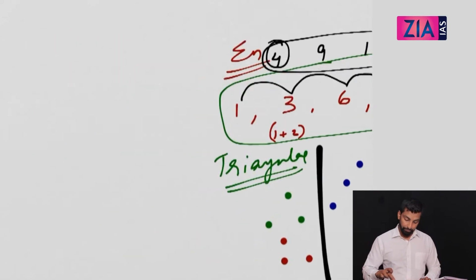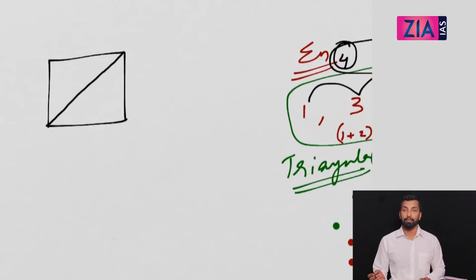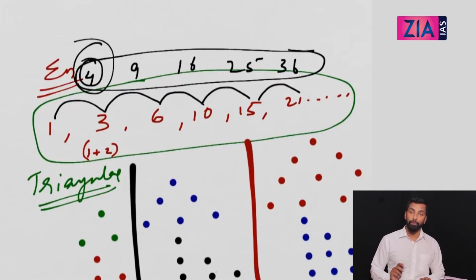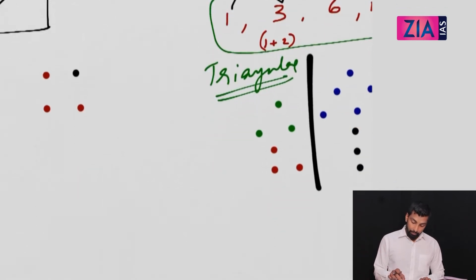See, what is a square? This is a square, and it's actually two triangles. Two triangles form a square. If you ask where the two triangles are in 4, I can show you. 4 is 1 plus 3. So 3 I can take like this, then 1 joins, and you get a square. So that's 4.